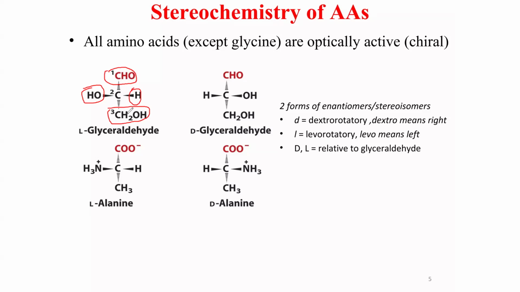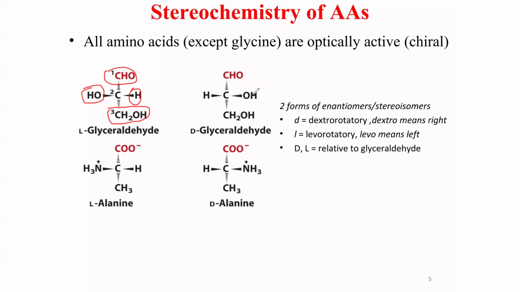This tells us that a compound can undergo stereoisomerism. Now let's look at the difference between L-glyceraldehyde and D-glyceraldehyde. It's just the orientation of the OH group.